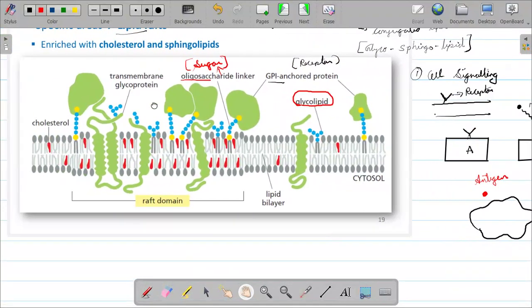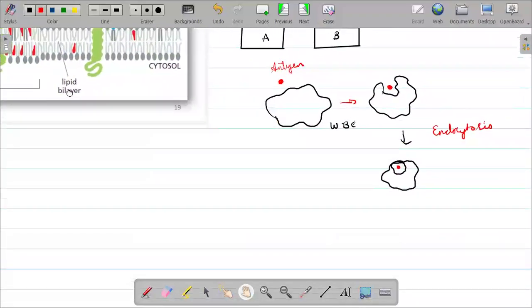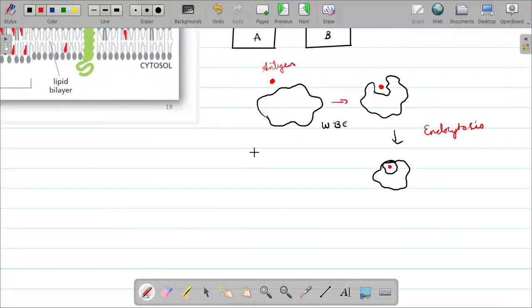Similarly, we have transmembrane proteins. These transmembrane proteins also act, for example, in what is called the antimicrobial response by endocytosis.